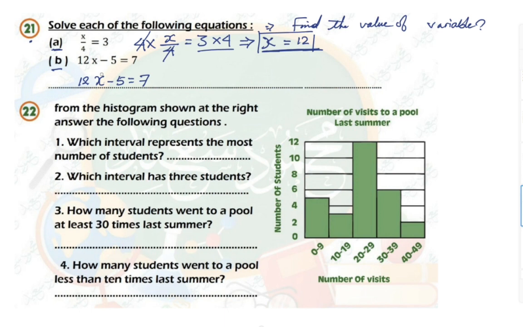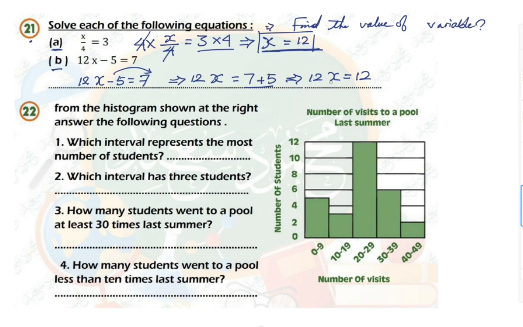So I just need x alone at the left side, so I will send negative 5 to the other side. Sending it to the other side, I just have 12x at the left side equals 7. But note, negative 5 will be positive 5. That means 12x equals 7 plus 5. 7 plus 5 equals 12.